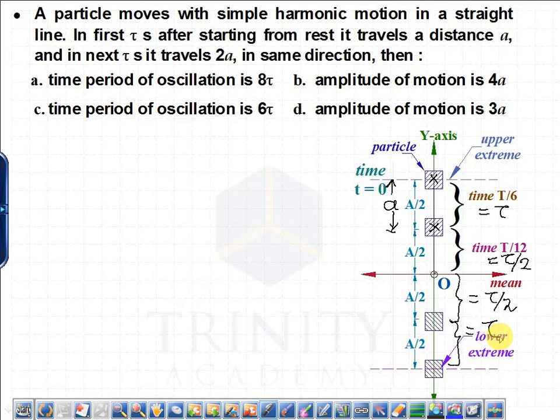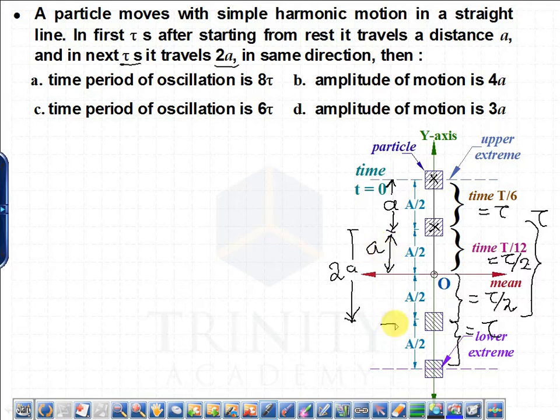This distance, if it is a, then it is said to us that it travels distance twice a in next tau second. Tau by 2 plus tau by 2, so this total time will become equal to tau, and in that total time it travels distance equal to twice a, that is given to us. So we can very well say that this distance must be equal to a.